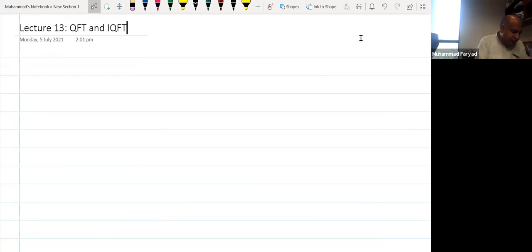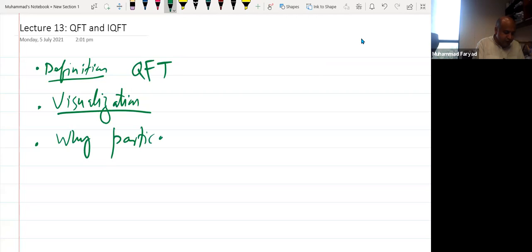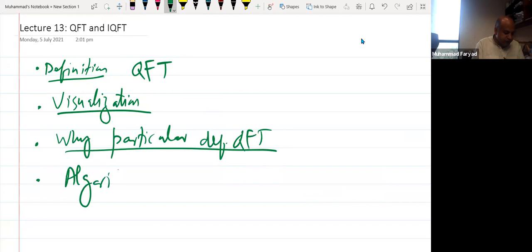I will start with the definition of quantum Fourier transform, and then we will develop a visualization of what quantum Fourier transform does, and then we will see why this particular definition of QFT has been chosen, and then we will discuss the algorithm, a circuit for quantum Fourier transform, and we will implement it in Qiskit.